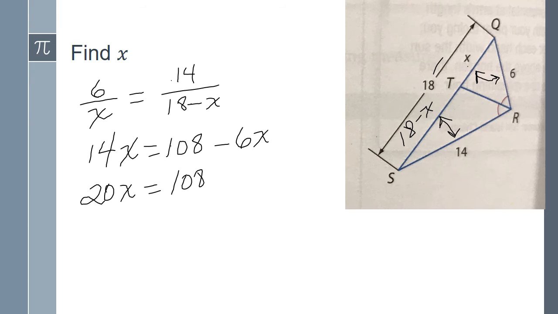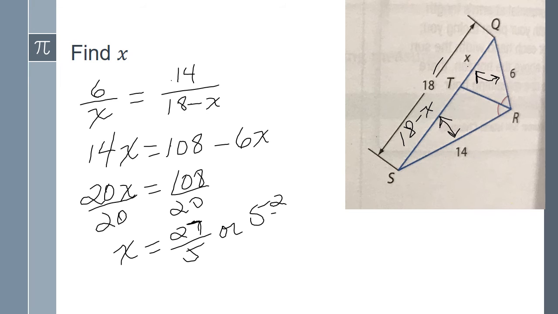And then I have to divide each side by 20. And that's going to come out to 27 over 5, which is 5 and 2/5. So x is equal to 27 fifths or 5 and 2/5.